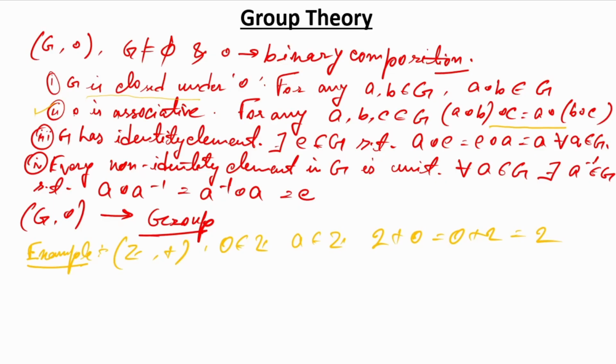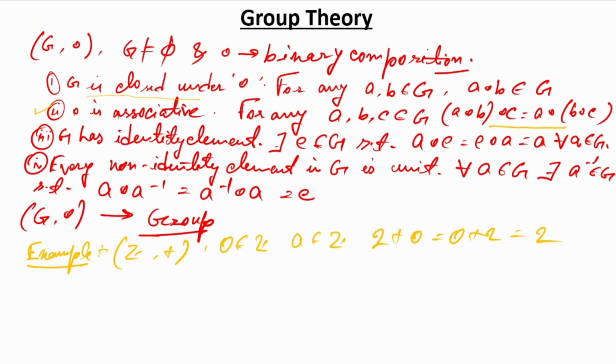Okay. Now the fourth property is every element in G is invertible. That is, for all A belongs to G, there exists an element that we call A inverse in G such that A compose A inverse equal to A inverse compose A equal to identity.